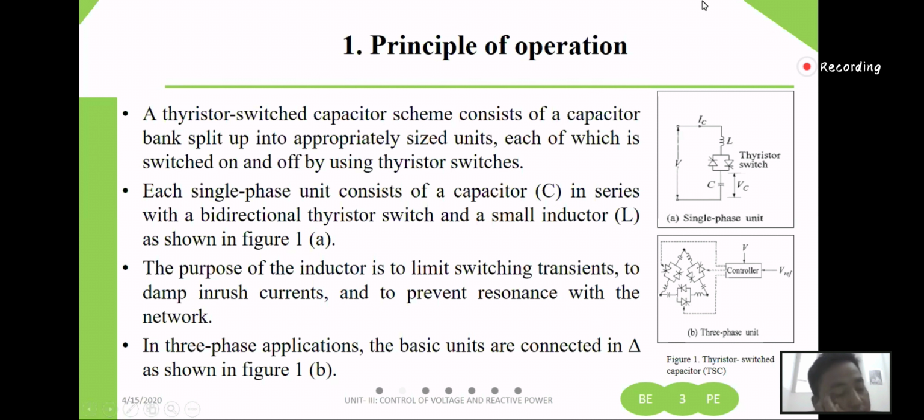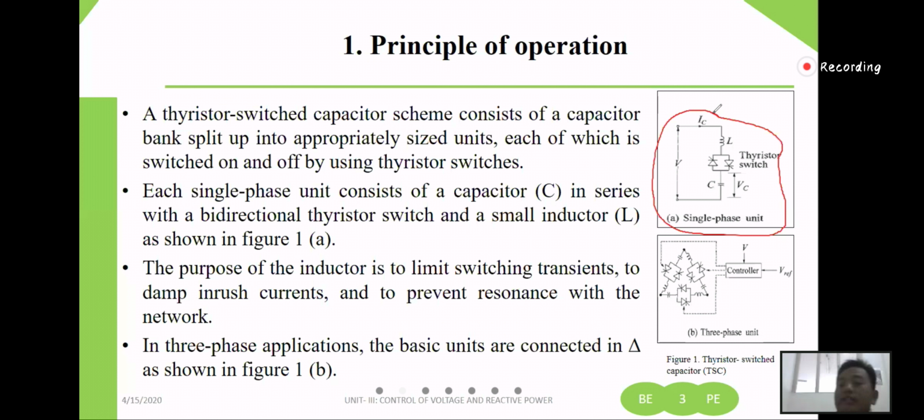Its construction remains the same as the TCR, except that instead of a reactor, you will find a capacitance. I will explain with the help of this simple single phase unit diagram of TSC.